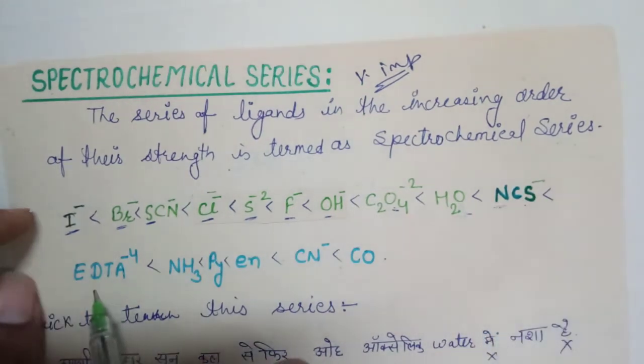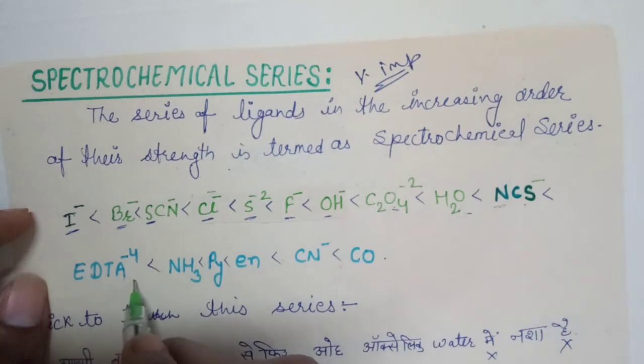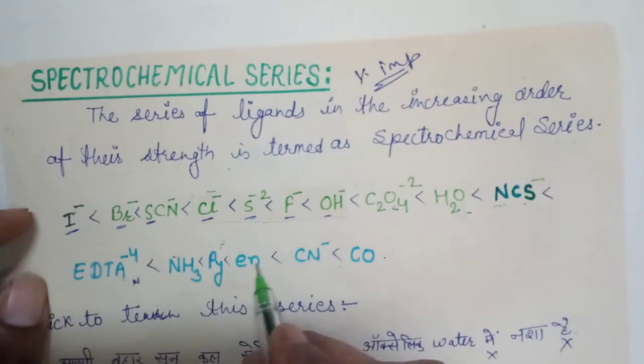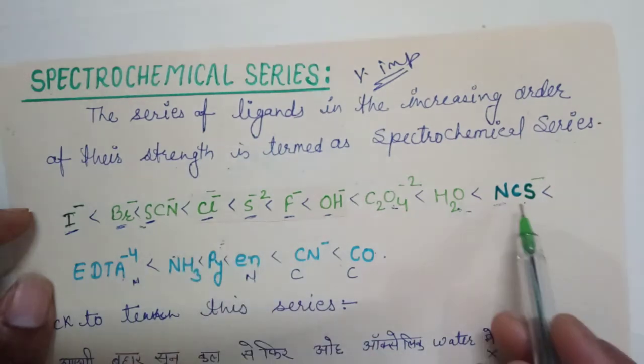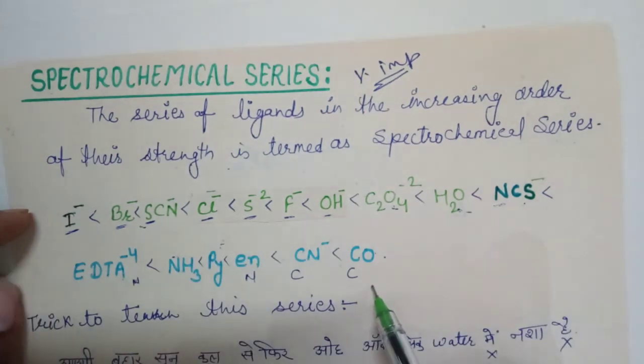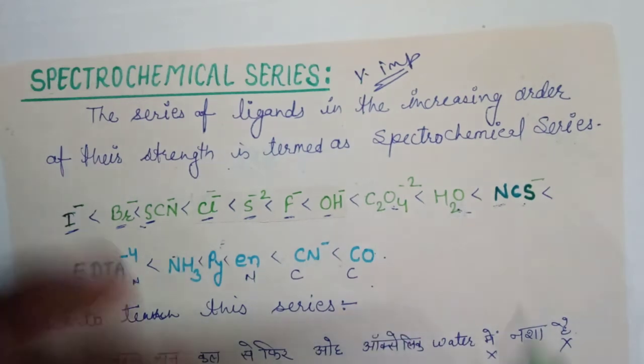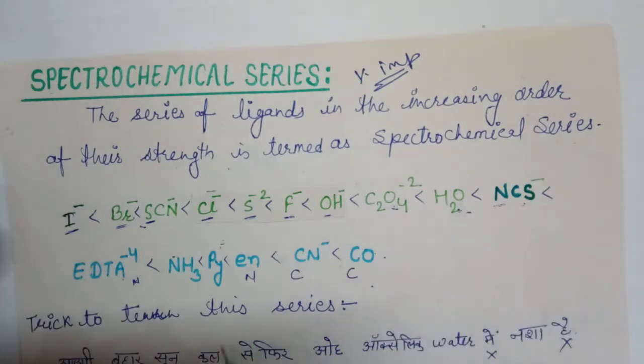EDTA, here the donor atoms are nitrogen, here nitrogen, pyridine, phosphorus, en, nitrogen, CN, C, carbon monoxide, C. These are the weak field ligands and these are the strong field ligands. We have to learn this series to identify the strong field and weak field ligands.